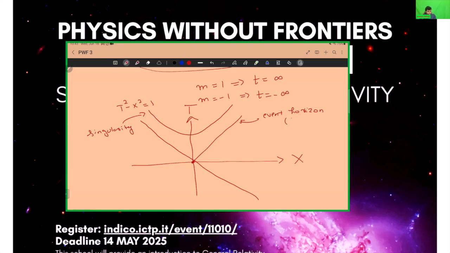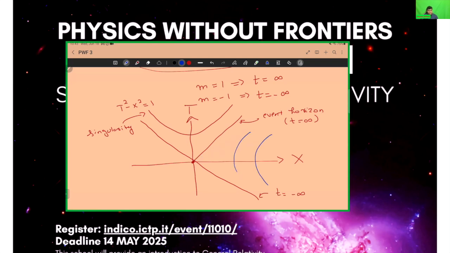And this is also the t equals infinity line. This is the t equal to minus infinity line. And as we discussed earlier, the constant time lines are these, okay, and the constant r lines are these.